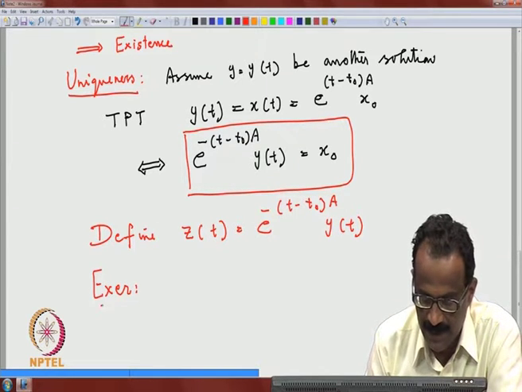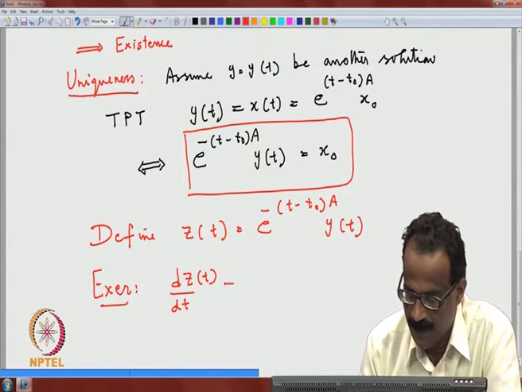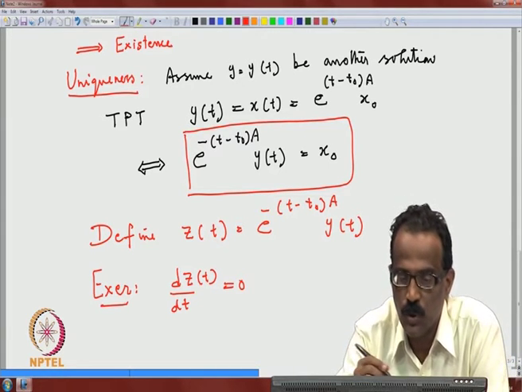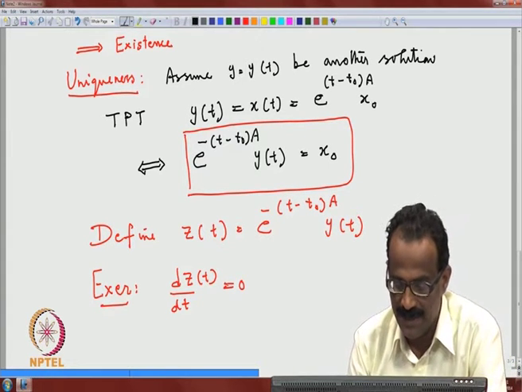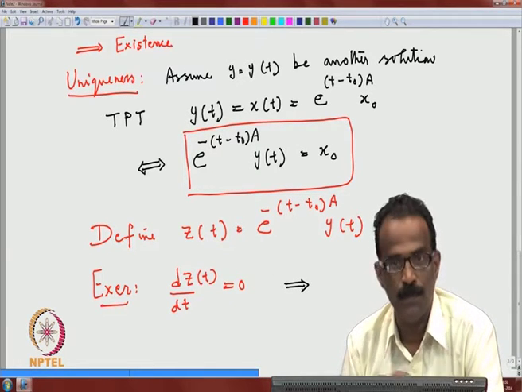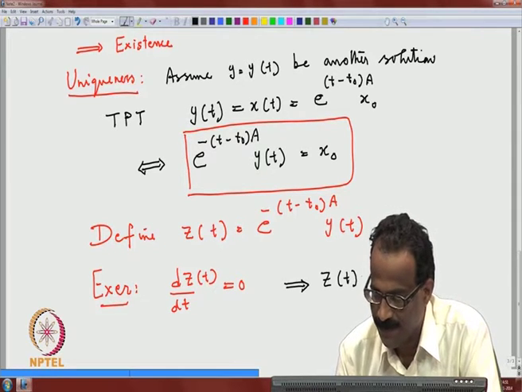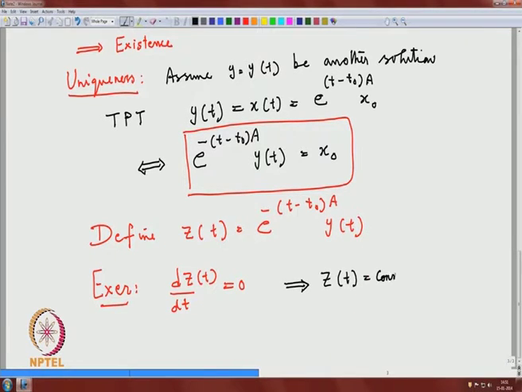To prove that, here is an exercise again for you. These are all simple exercises. Show that dz by dt is equal to 0. That is an easy exercise. When you show that dz by dt is equal to 0, then z of t is a constant. But what is that constant? That constant has to be z at t naught, since Z t is a constant, as already proved.